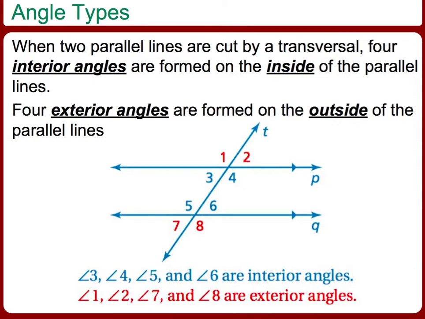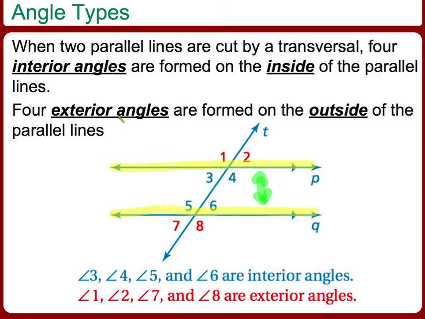the parallel lines. So we have parallel lines P and Q, and we call angles 3, 4, 5, and 6 interior angles because they are on the inside of the parallel lines. So they are in between the parallel lines.